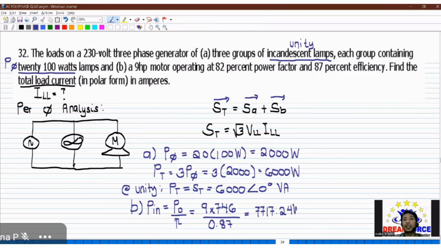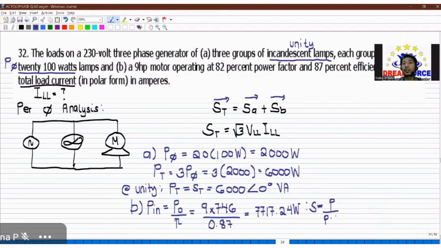Okay, so kunin naman natin si value ni S. From your power outlet, yung ating S is also the power over your power factor. Okay, so isama natin si angle. Since kailangan naman dito sa ating problem is with the angle. So kunin lang natin, so 17.24 divided by the power factor is 0.82.